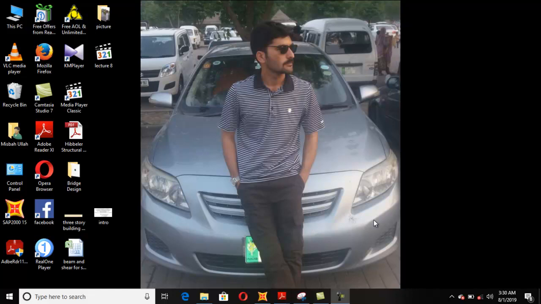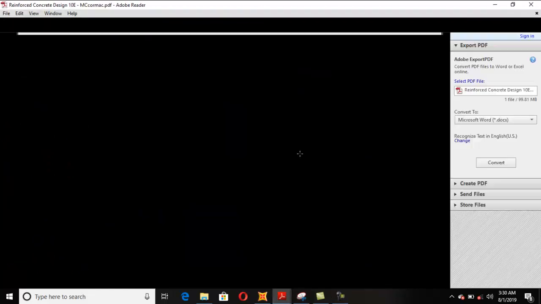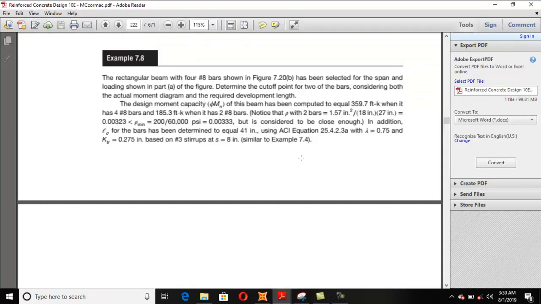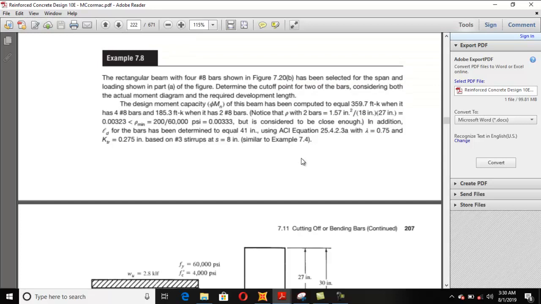Basically, this lecture is also related with the selection of cutting points, or you can say bending of bars. So, in this lecture, we are dealing with the calculation of bending of bars, or cutting points.